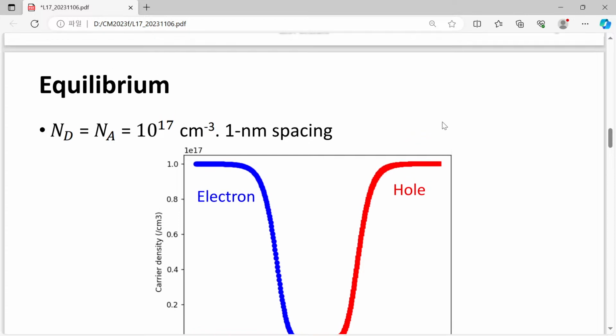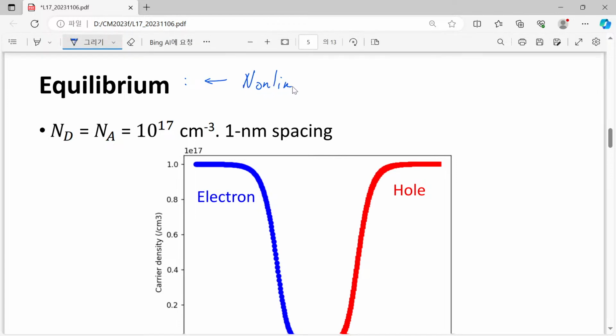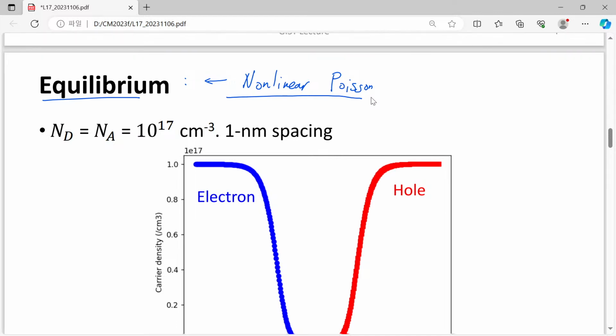Fortunately, all of you have already solved the nonlinear Poisson equation. So at equilibrium, the nonlinear Poisson equation gives you the exact solution. So now you have the solution at a given system.